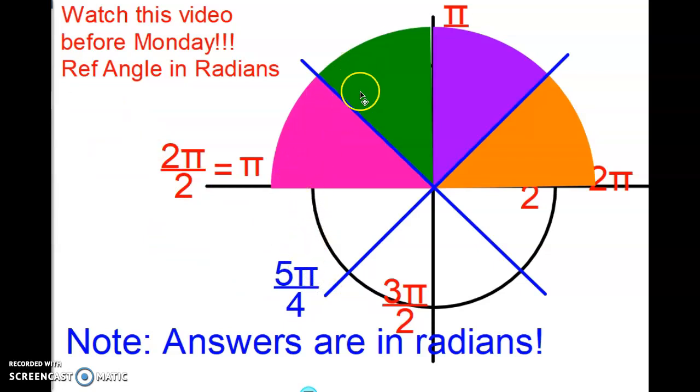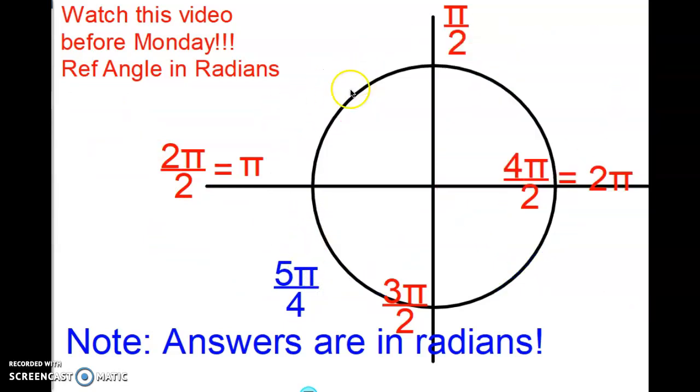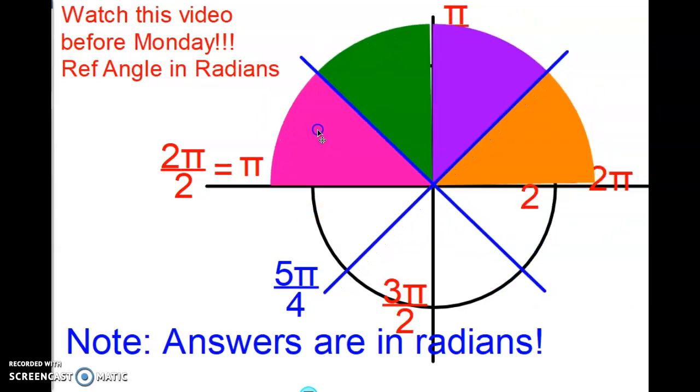Now, anything in the second and third quadrant, we got to get back to pi. Well, this measure getting back here is just 1 pi over 4. So that is our reference angle. Theta prime, the reference angle, will simply be just a pi over 4.